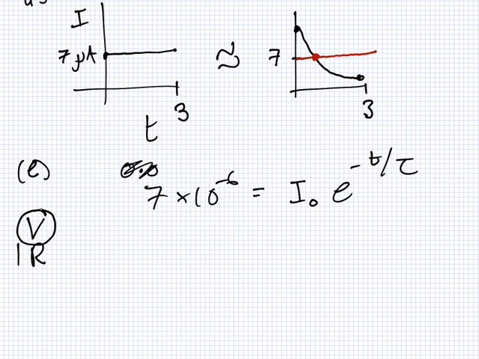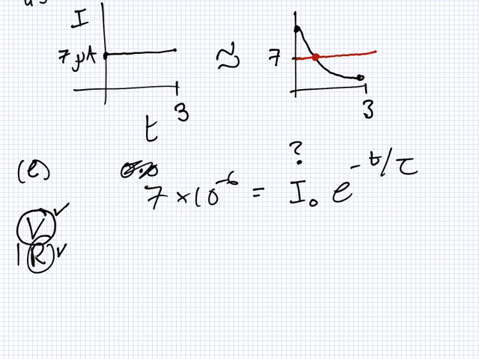Yes? Question withdrawn? Well, that's what I'm going to do for this part. We don't know the I0, but we do know the V and the R, so we can work it out. No, that's the I, not the initial current. Now, it might turn out that the I0 is 7 as well.